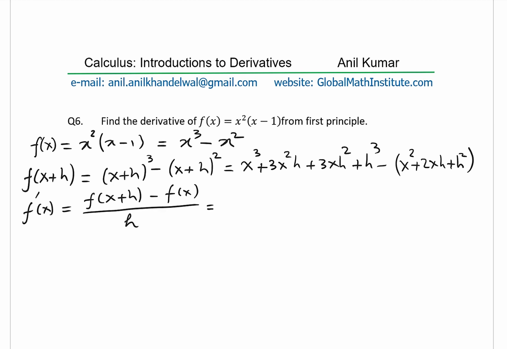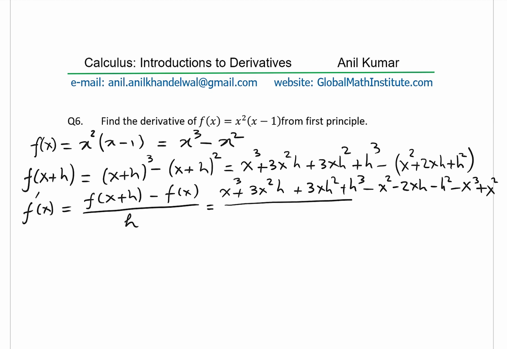And we'll write all this, whatever we have here, which is x cubed plus 3x squared h plus 3x h squared plus h cubed minus x squared minus 2xh minus h squared. And now f of x in the minus terms, so we get minus x cubed, and we'll write plus x squared, over h.